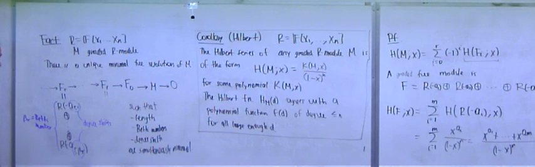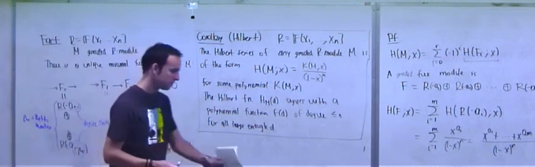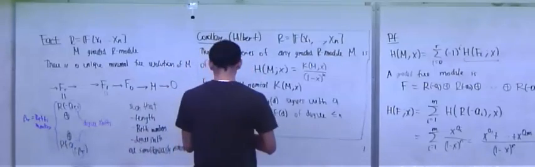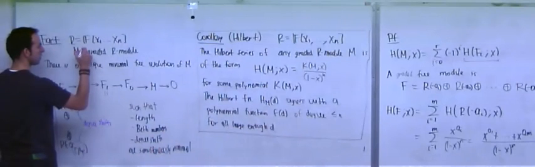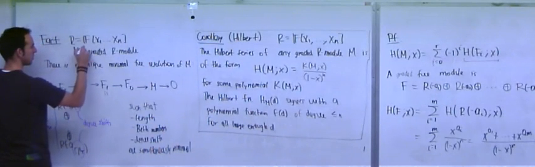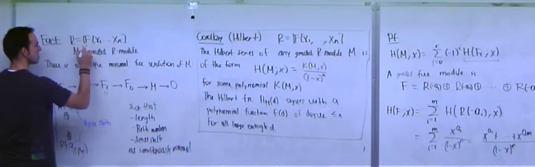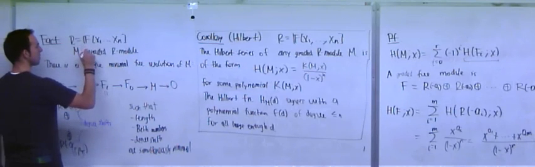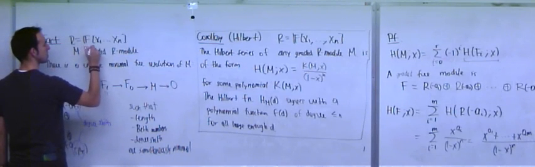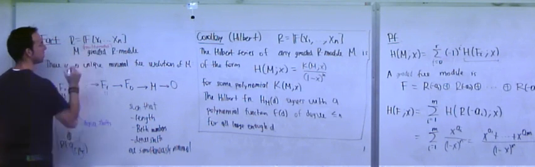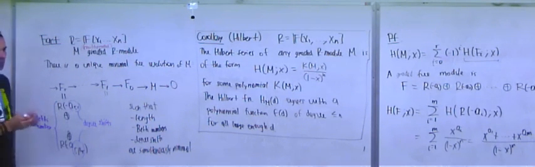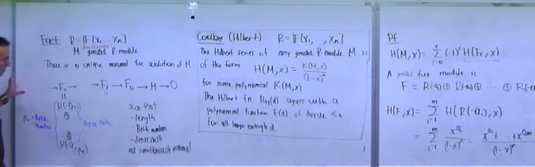And I should also tell you that I could be not just graded but multigraded. So if I happen to be multigraded, then the same statement is true. What's the only difference? Well, this is going to look exactly the same.